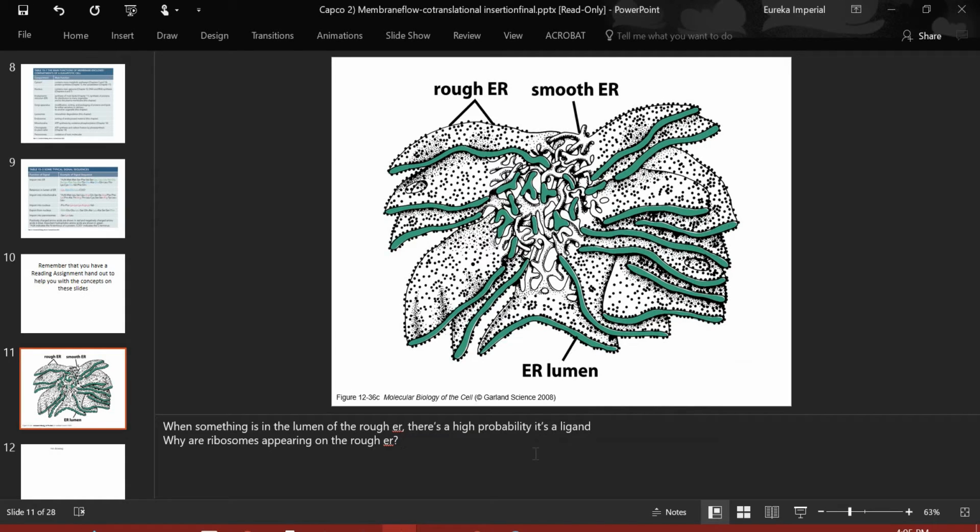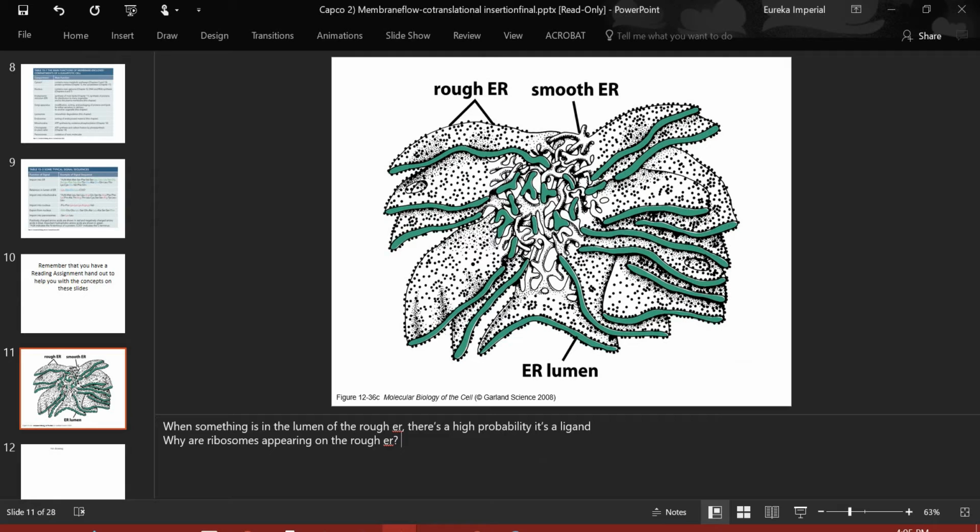In this edition of the book, they left out what specifically holds the ribosomes on, which is called the ribosome receptor.